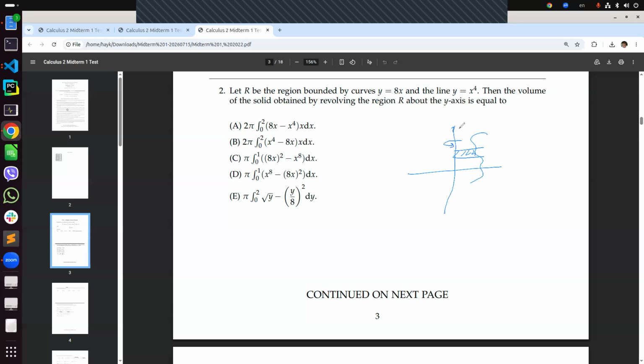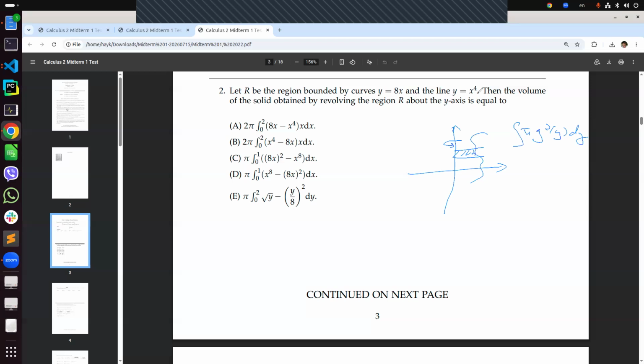Also, volume can be calculated by the pi g squared y dy formula. And if we have two such functions, we can subtract one from the other.